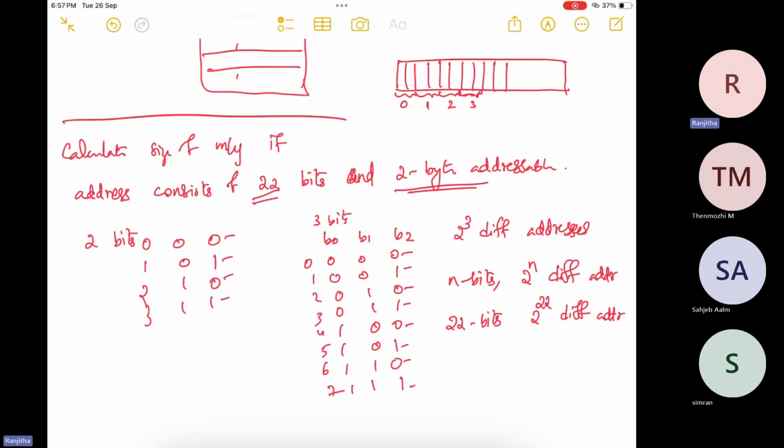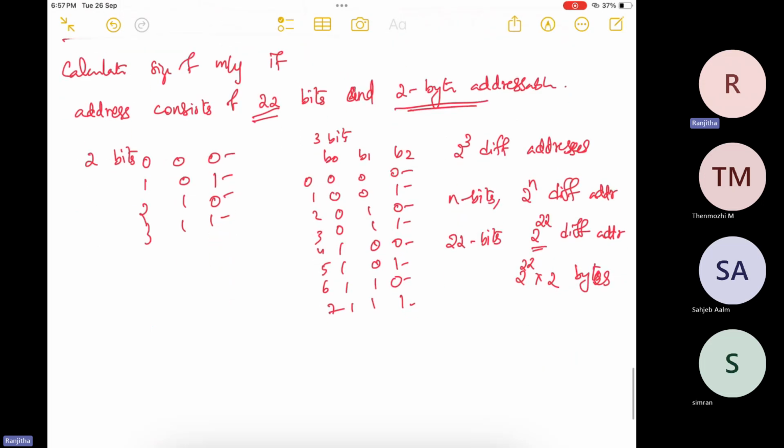So the size of the memory will be 2 power 22 into 2 bytes. With 22 bits we can address 2 power 22 locations, each of size 2 bytes, so the total memory size is 2 power 22 into 2, which is 2 power 23.